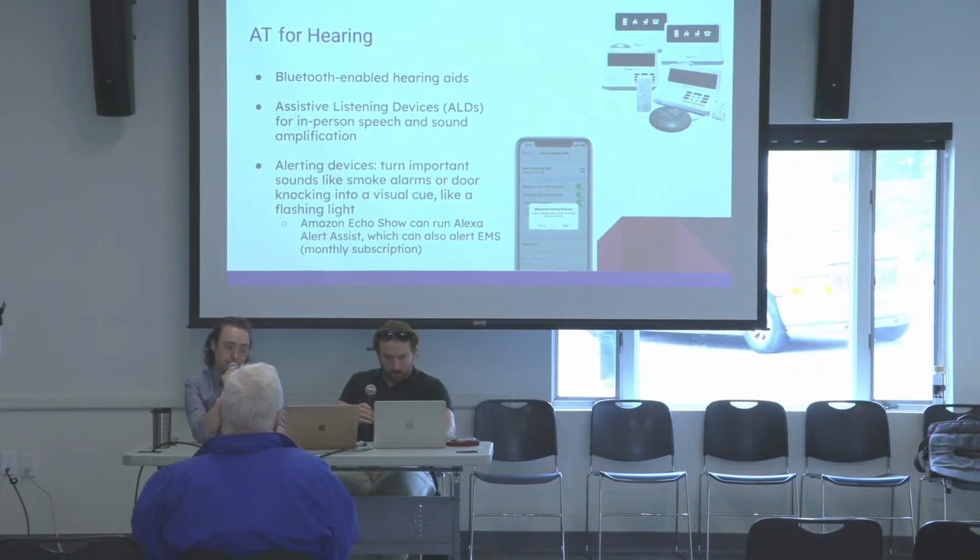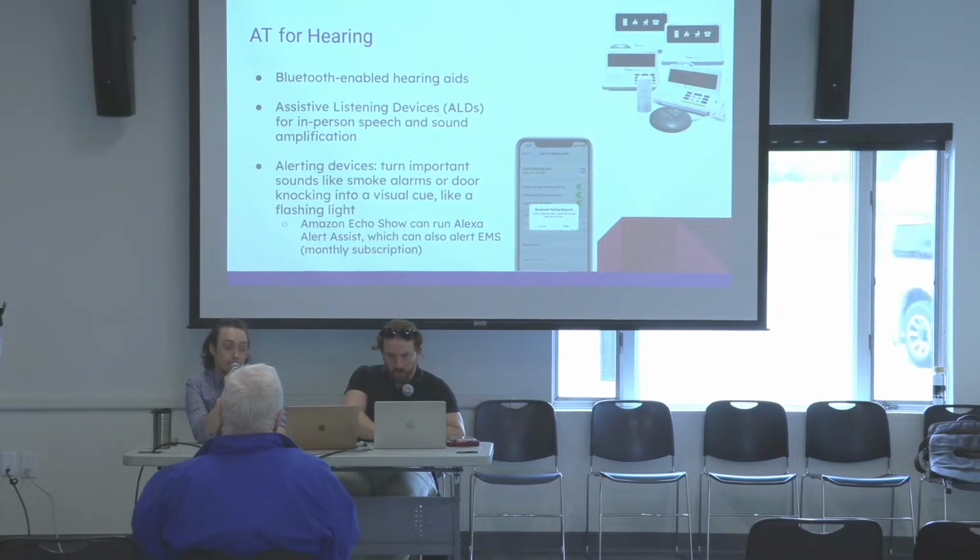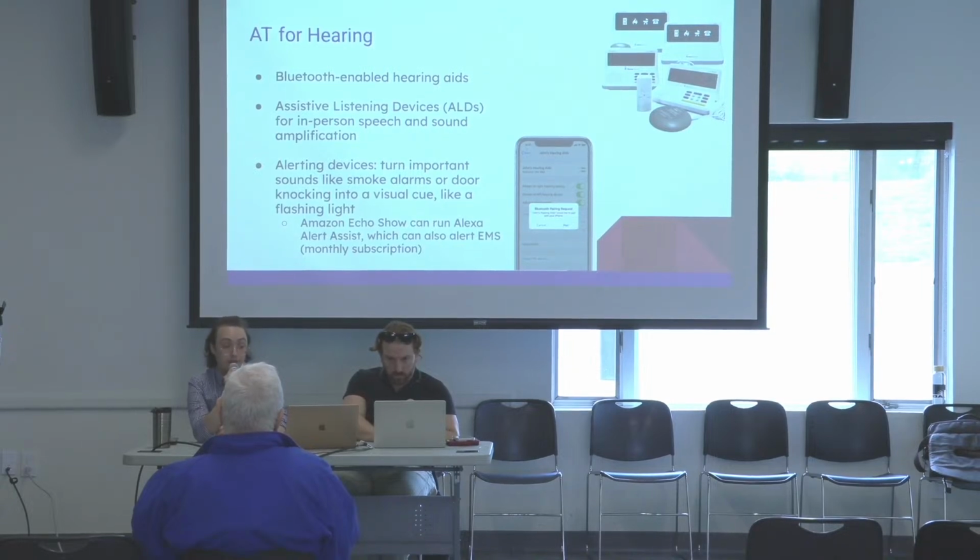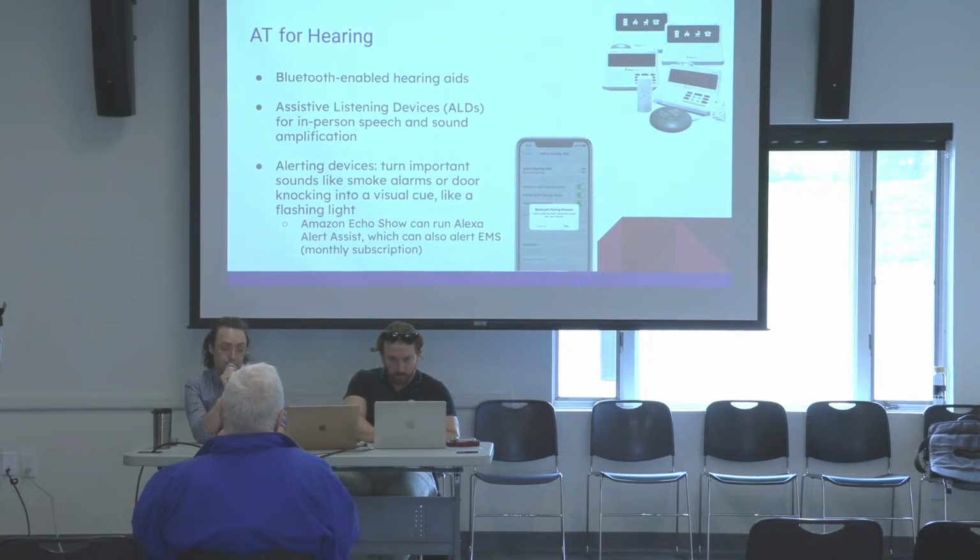So headphones and speakers are pretty common since people like to use those wirelessly. So hearing aids have kind of gone the same way: you can actually connect your hearing aid directly to your phone. So all of the audio from your phone will get routed through the hearing aid.